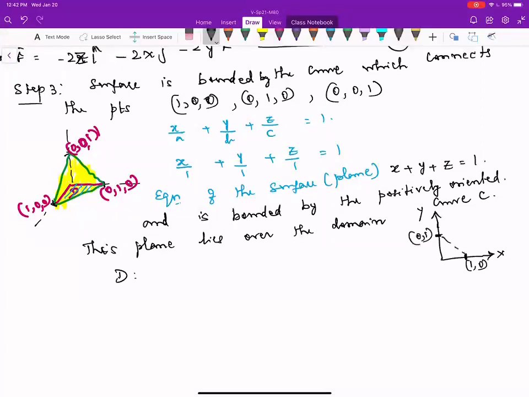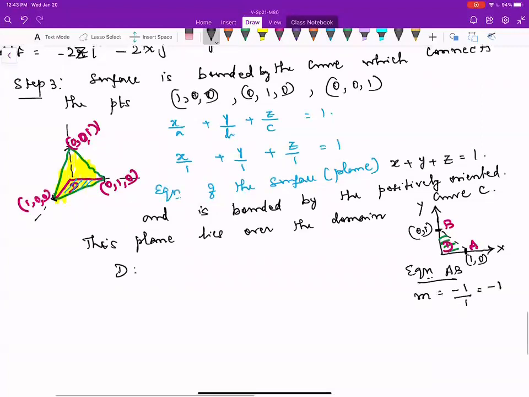So this is our domain D. In order to find the domain D, we have to find the equation of the line joining A and B. You need the slope, which is the difference in y over the corresponding difference in x, so it is -1.